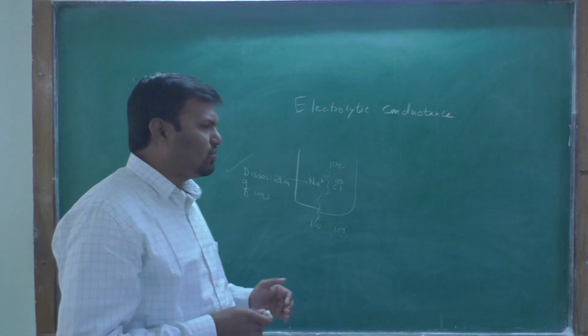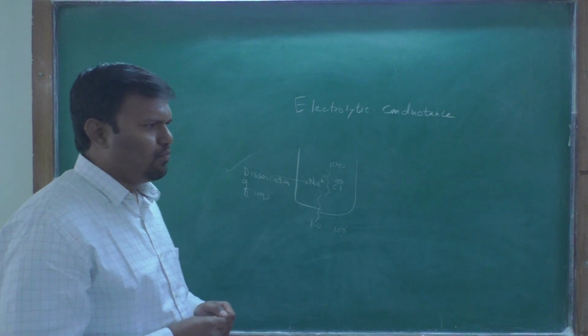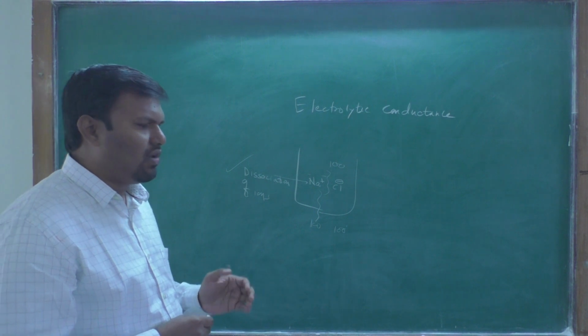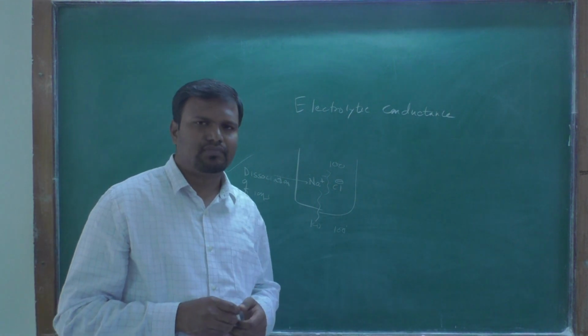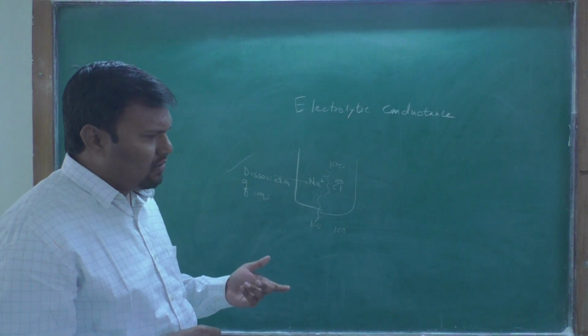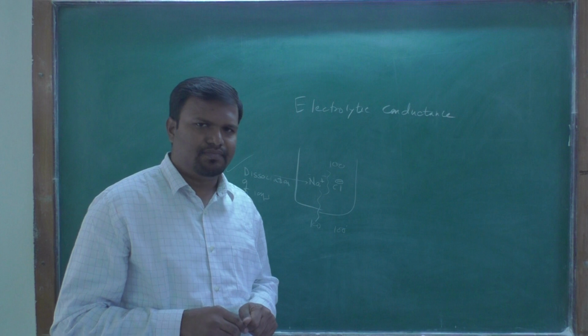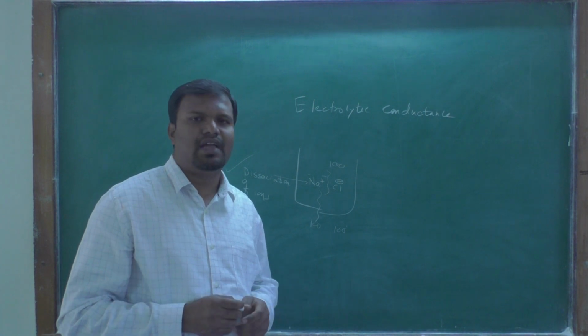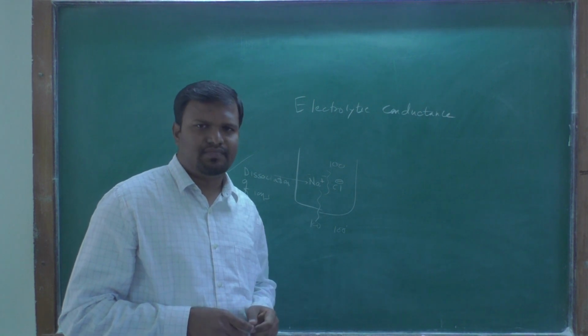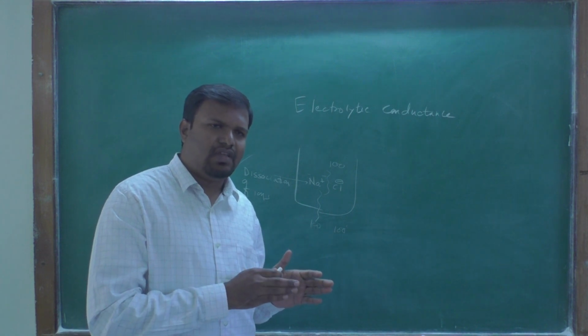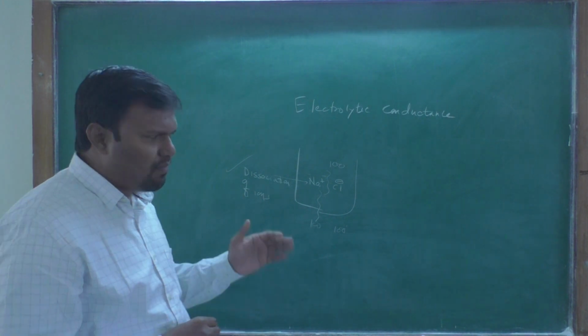That electrolyte is called a strong electrolyte. While a weak electrolyte also gives ions, the extent of ions given is less. Therefore, we can define a weak electrolyte as one that dissociates partially.